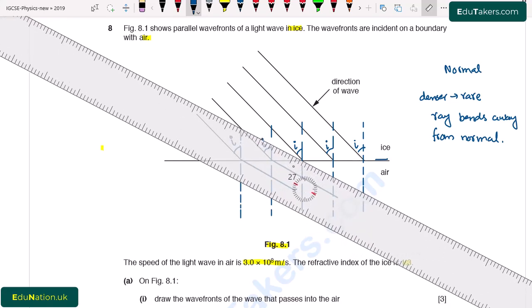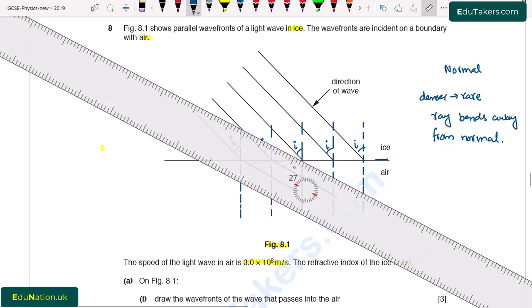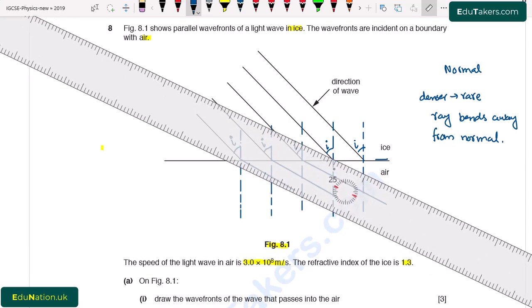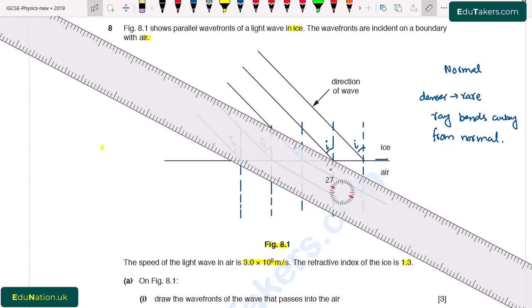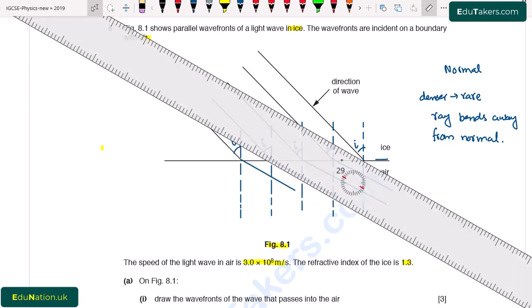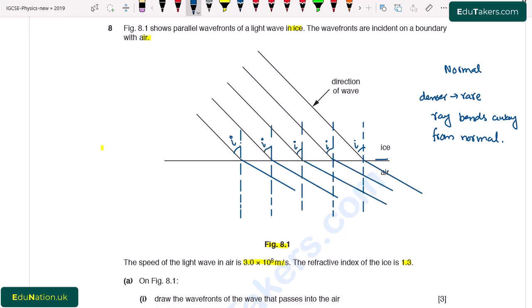Second one. All of these rays are refracted rays and they must be parallel, and the distance between these, which is also called wavelength, should also be the same.